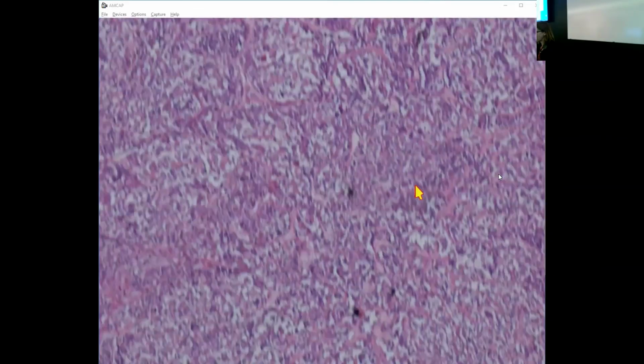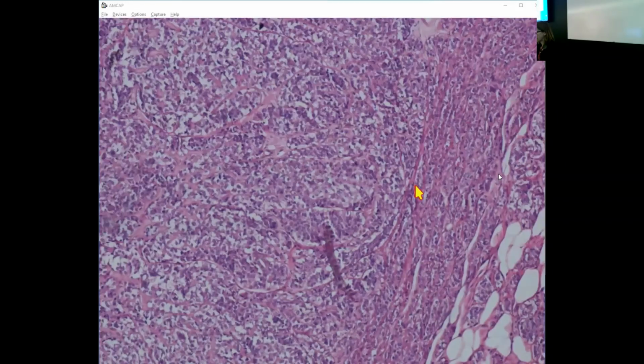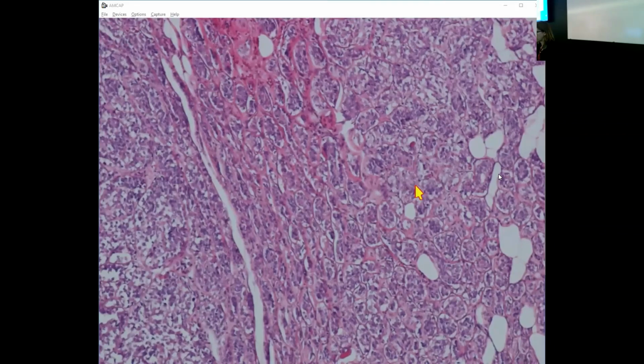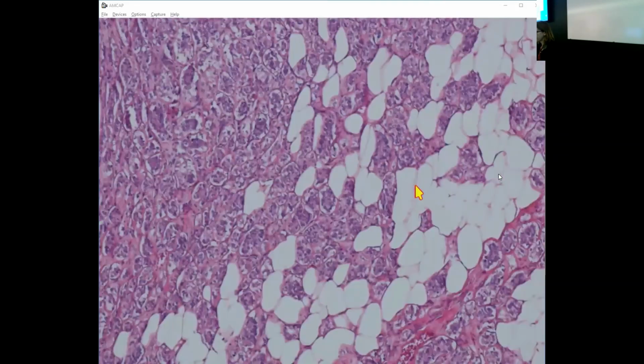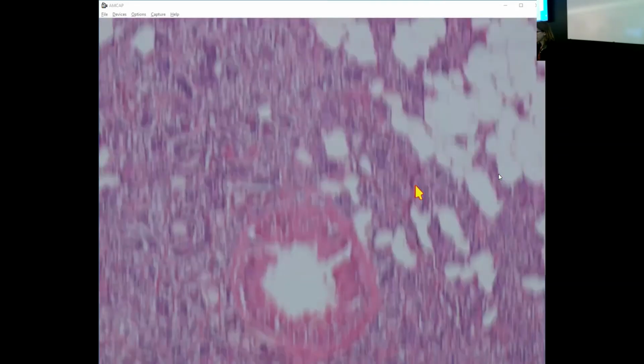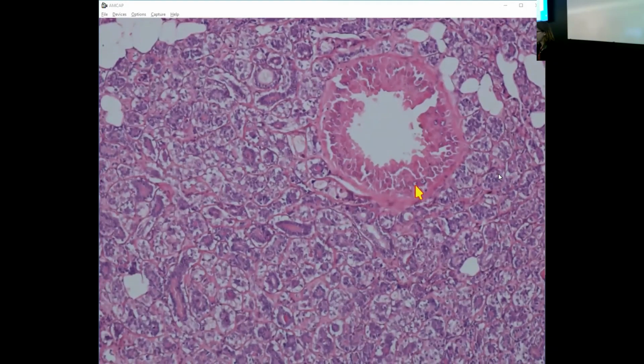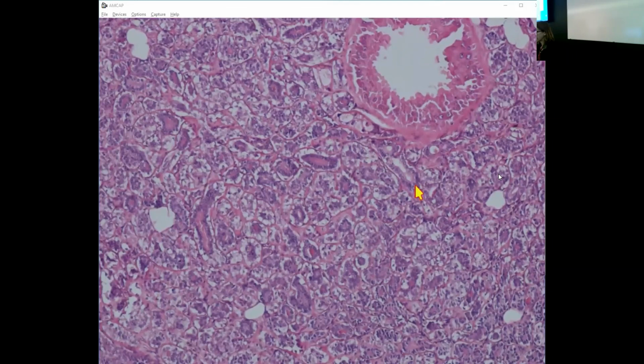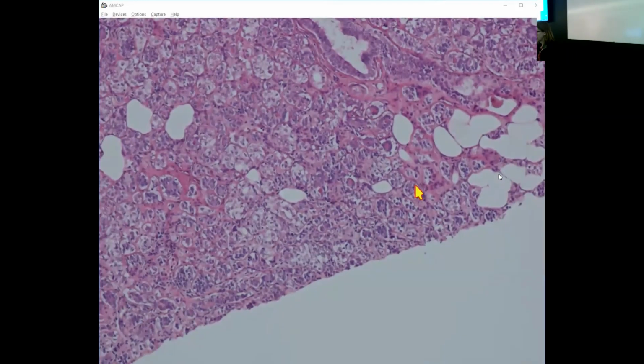But in the end, we just categorized this as an atypical adenomyoepithelioma with a tubular component. But I think that's fairly unusual, that tubular component, and can be quite interesting to look at.